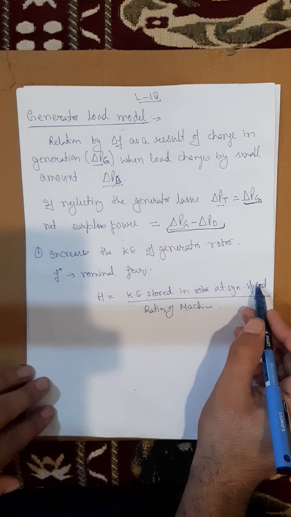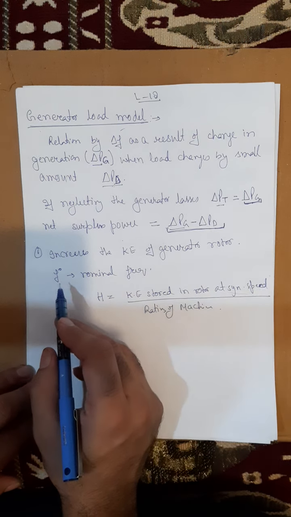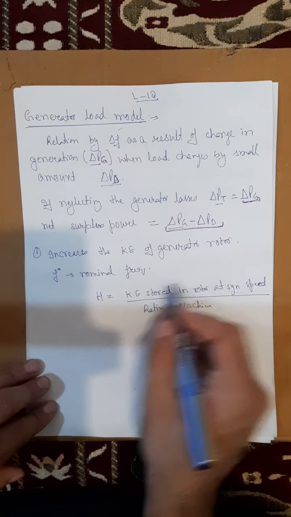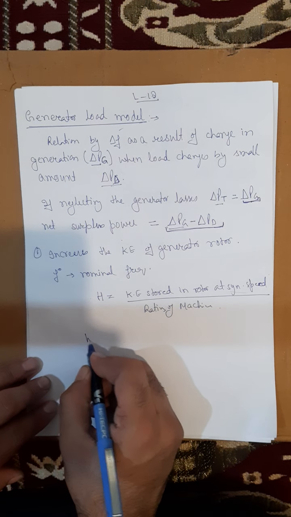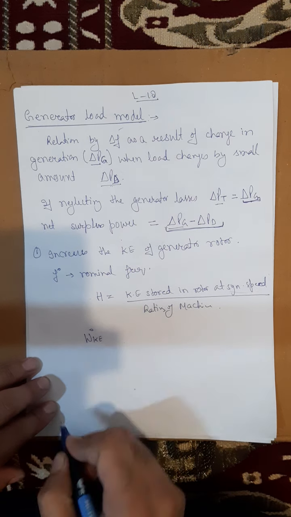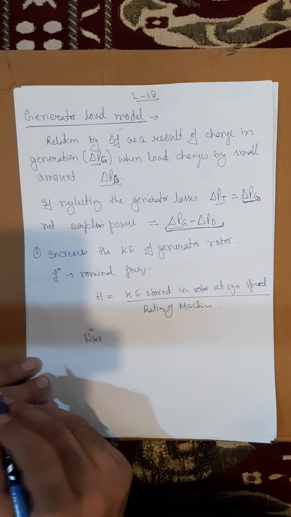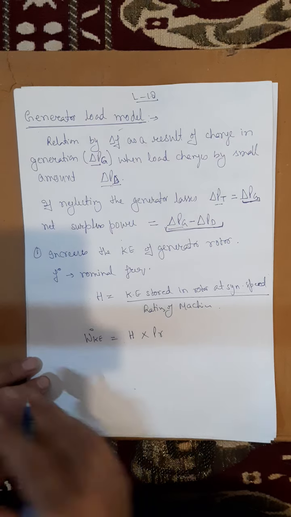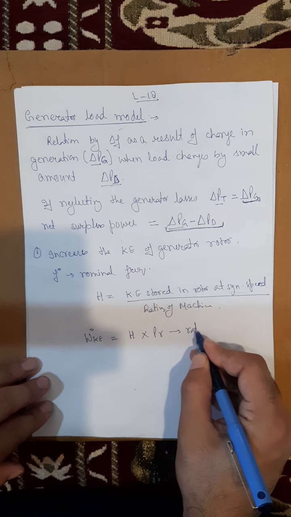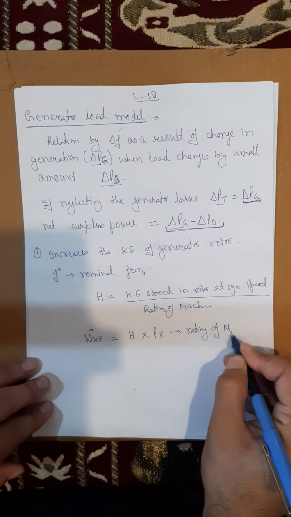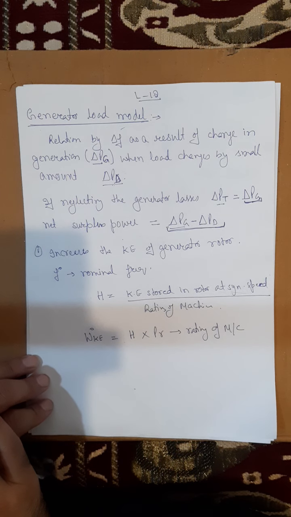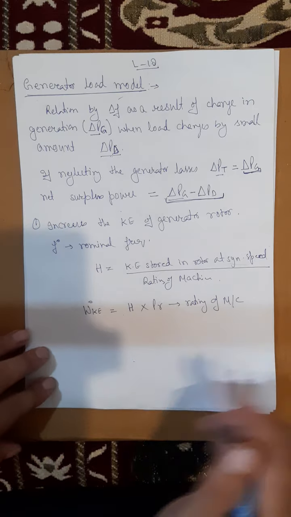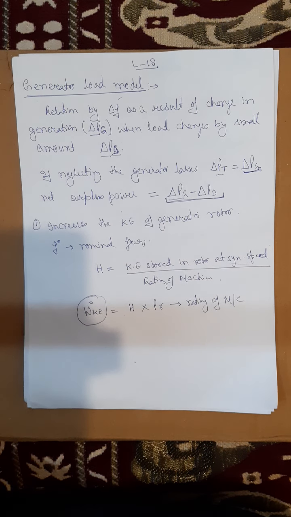Synchronous speed means the speed at which we get frequency equal to f naught. So the kinetic energy at synchronous speed is represented by W KE naught, which equals H into Pr, where Pr is the rating of the generator and H is the inertia constant. This is the kinetic energy stored in the rotor at synchronous speed.